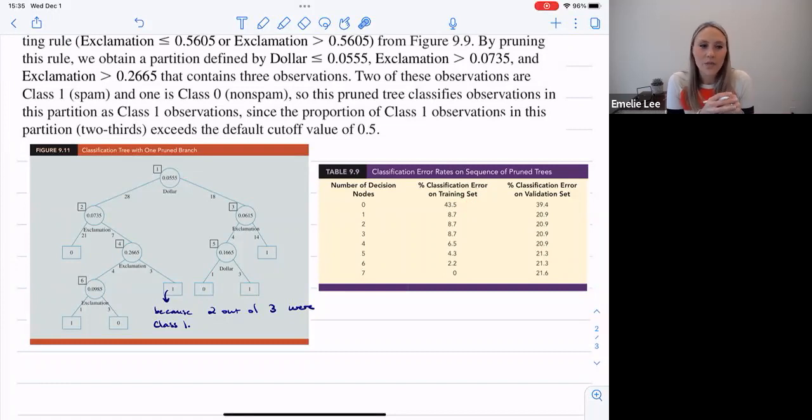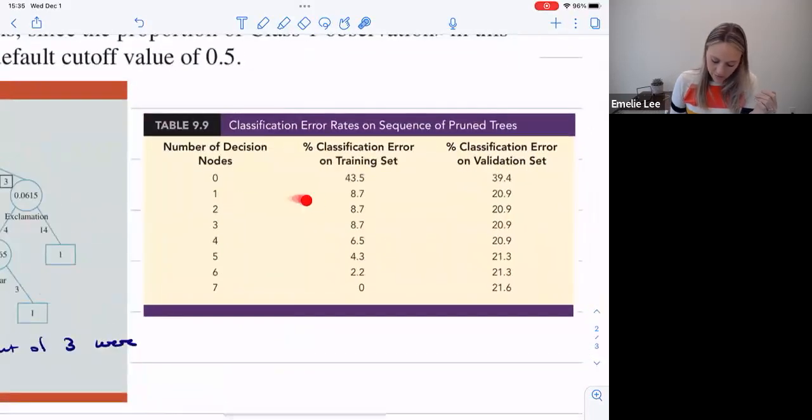Then we introduce 1 node, and my classification error is 8.7, which is pretty good. It holds steady at 8.7, and then it decreases to 6.5. So that's an improvement, because we've decreased the classification error, and then we go to 4.3 and then 2.2. And then at 7 nodes, we have 0 impurity, so we're able to perfectly classify all of these zeros and ones.